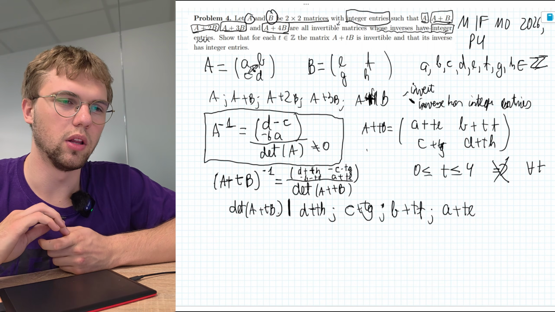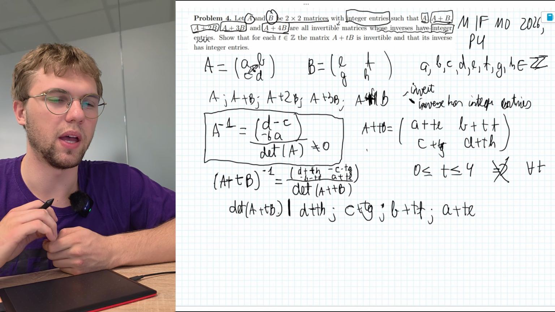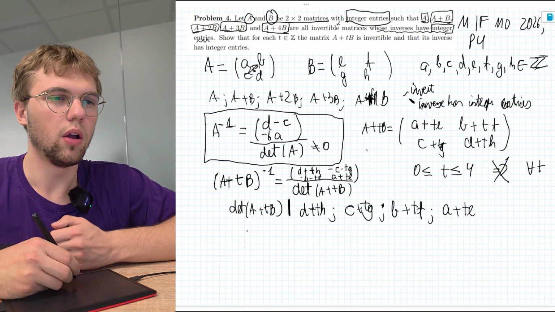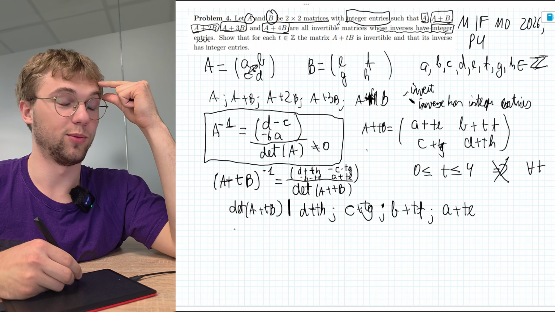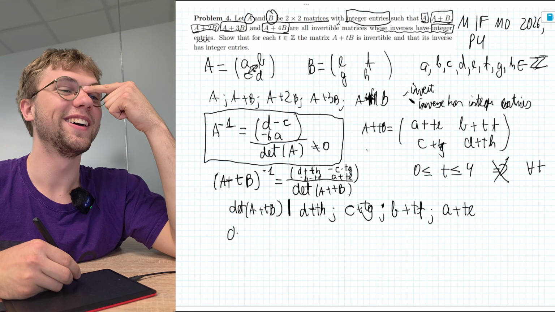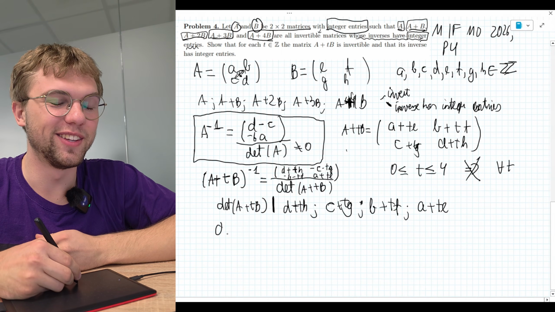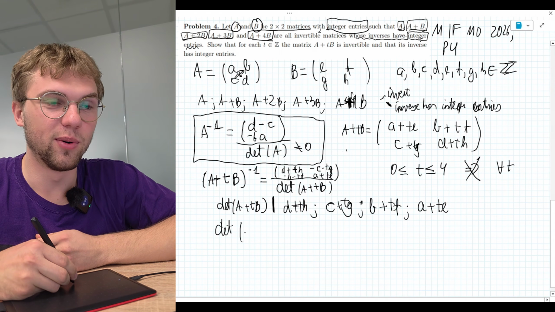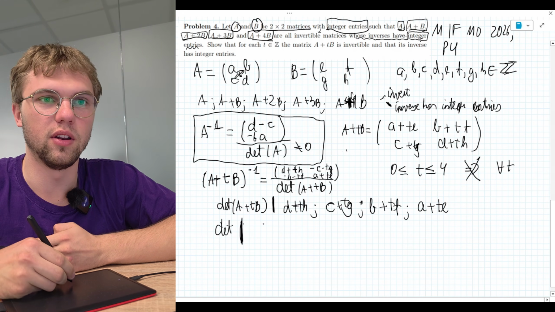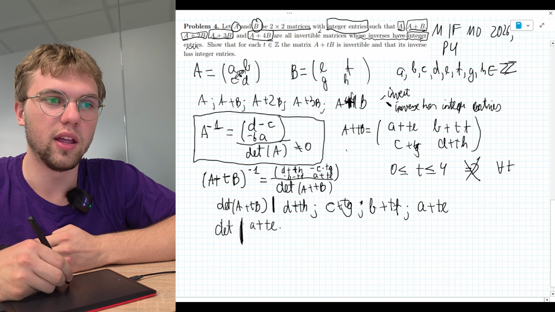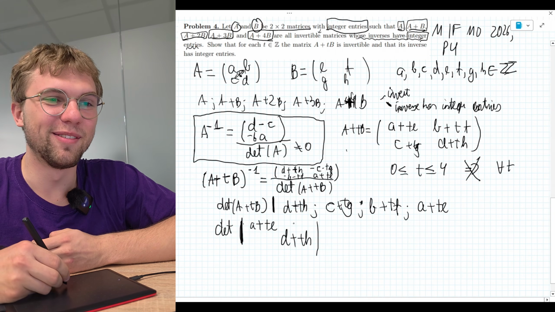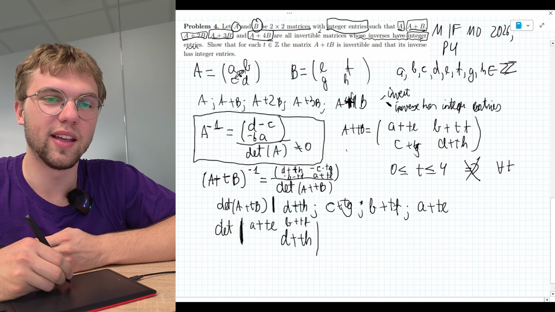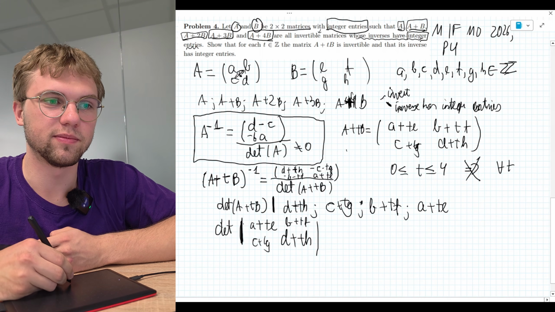But now, look, there's a very interesting thing happening here. What if we try to write out the determinant in general? Well, the determinant of this matrix, or just denoted by this, would be A plus tE, B plus tF, and C plus tG.